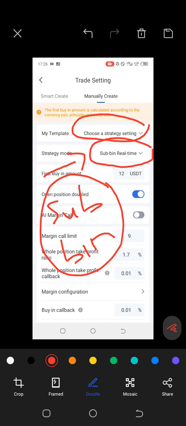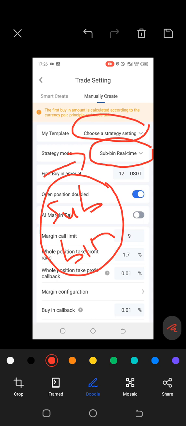But we want to manage the capital bit by bit, spread it on 3 different assets, because all the crypto coins are different. They behave differently. They move differently each and every day, each and every week. So that is why we prefer 3 assets, a minimum of 3 assets.